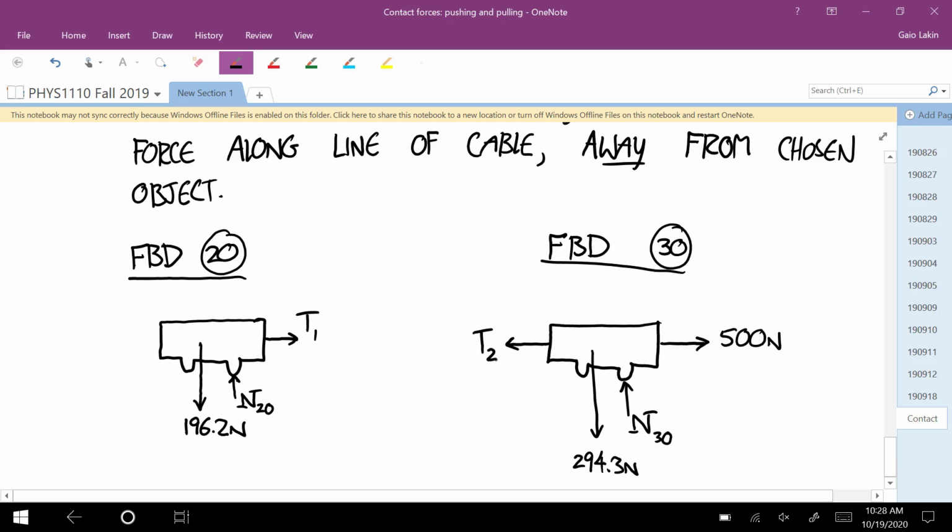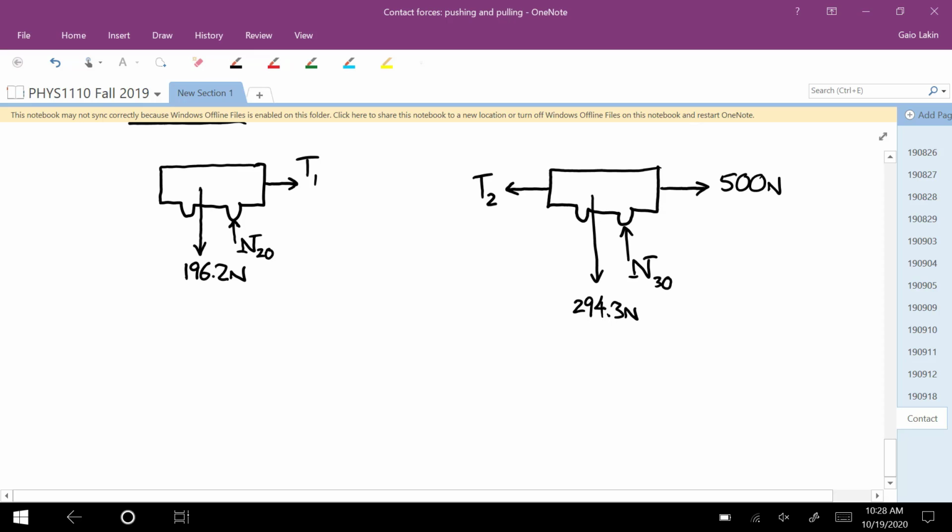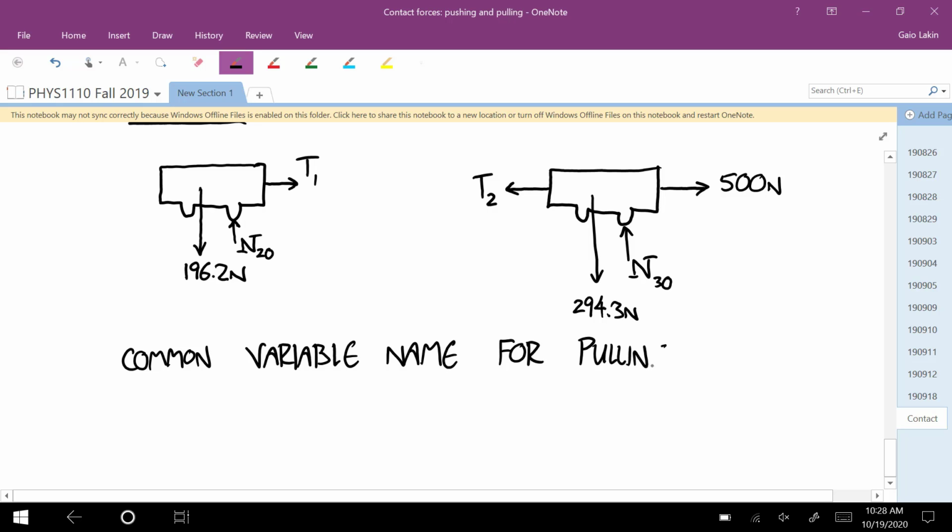And again, that follows the rules of a pulling force. Common variable names for pulling force, we're going to use T, and that is short for tension, like the tension in a string or a cable.